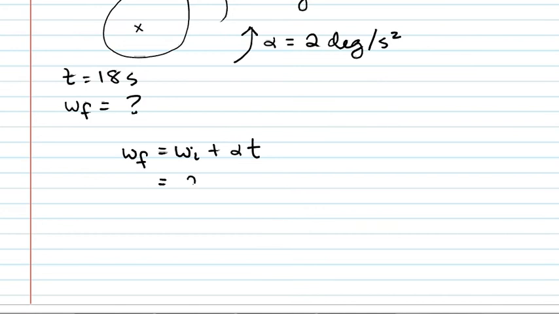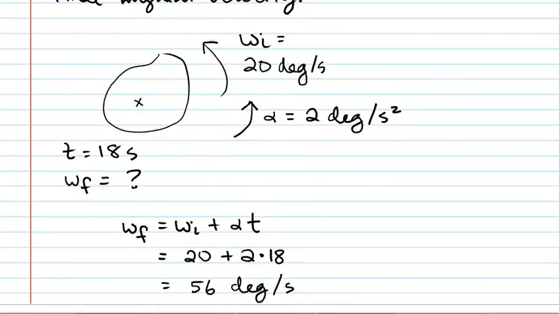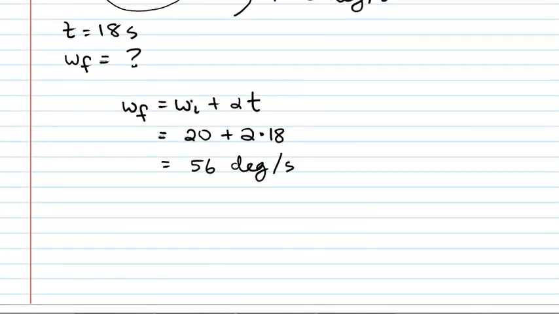The omega initial is 20 plus the alpha is 2, the time is 18, works out to be about 56 degrees per second.